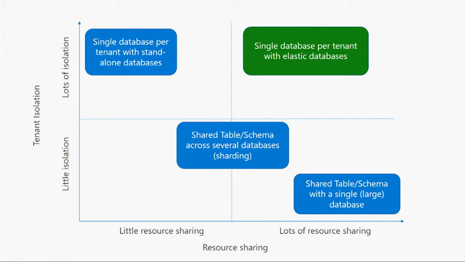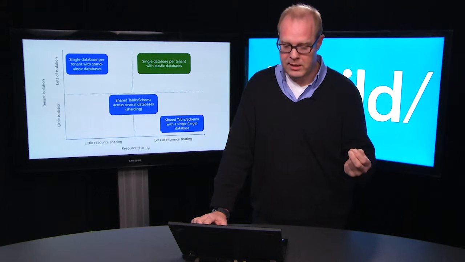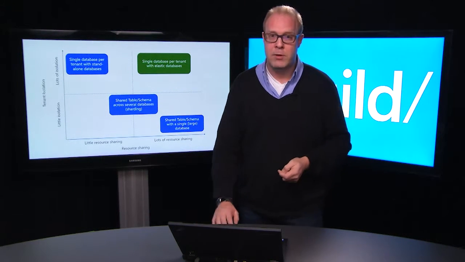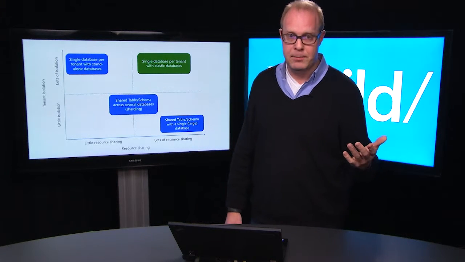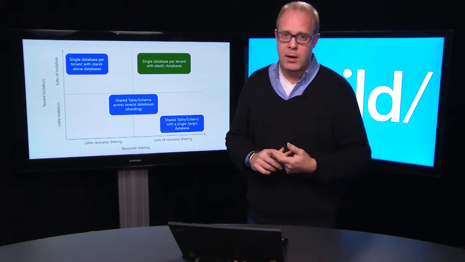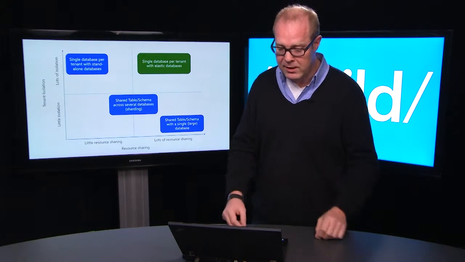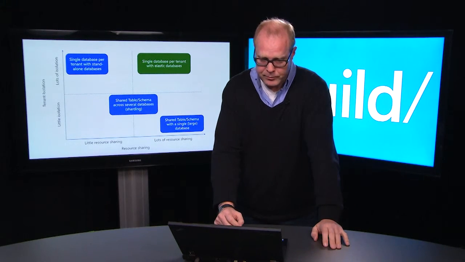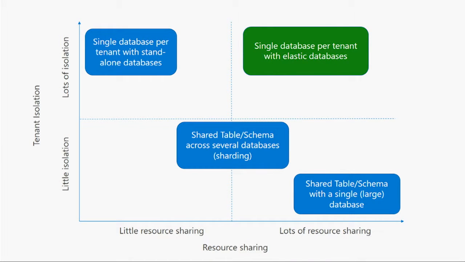At the same time, because you're putting each tenant into an individual database, you're also keeping up the level of isolation from a security perspective, from a performance perspective, and from a manageability and troubleshooting perspective for each individual tenant. So this is a great option for you to achieve the best of both worlds without a lot of effort. You can achieve great tenant isolation with great resource sharing at the same time.